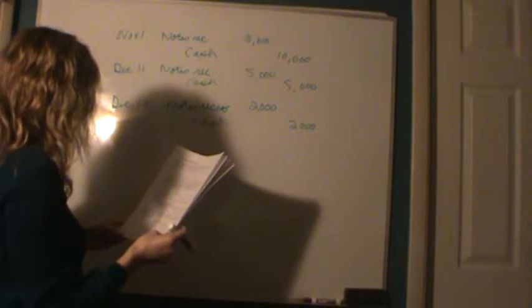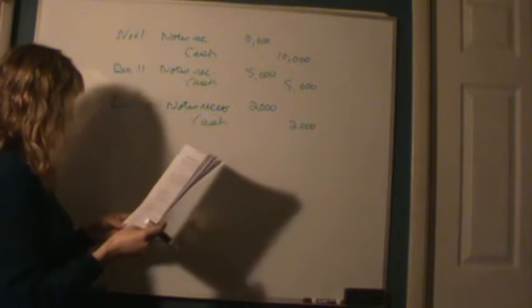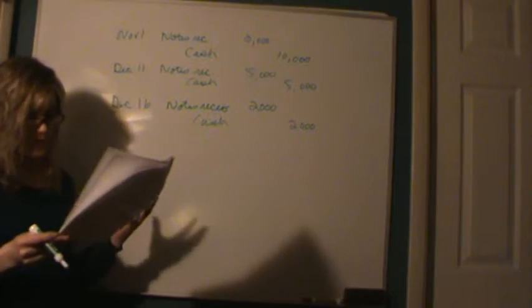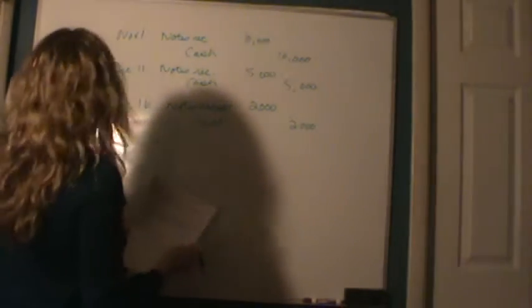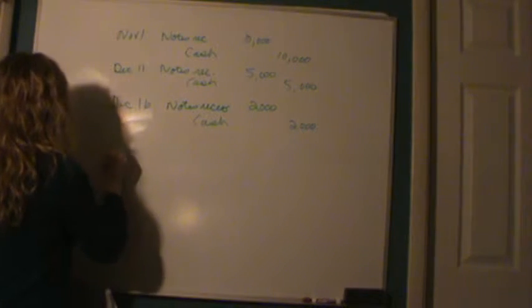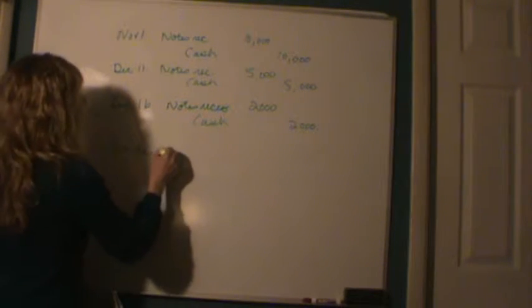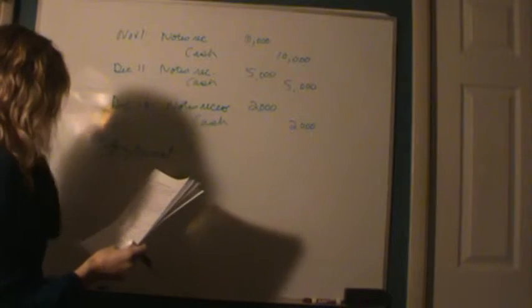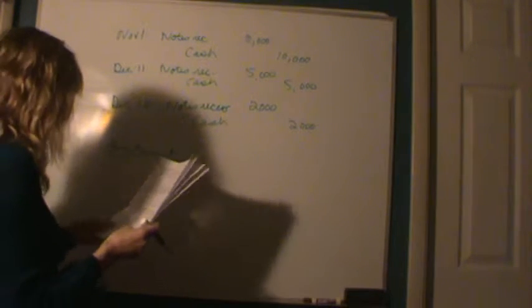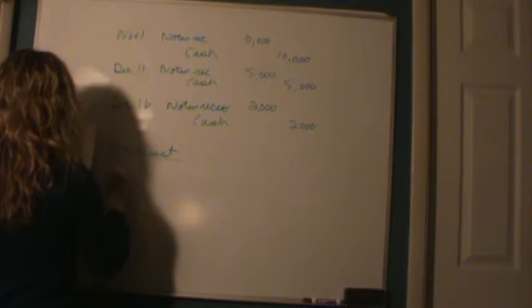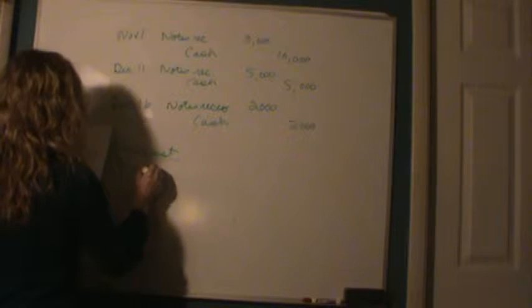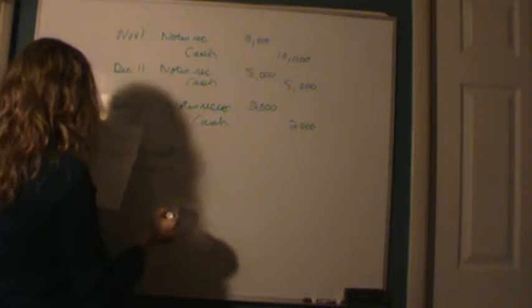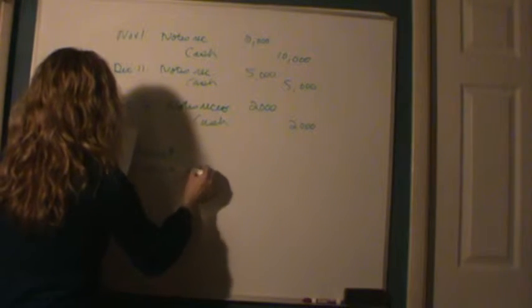December 31st, accrued interest revenue on all notes receivable. So now we've got to figure out the interest for each account. First of all, let's look at Jake Hall. We have a $10,000 note. We're going to multiply that by our interest, which is 5%.